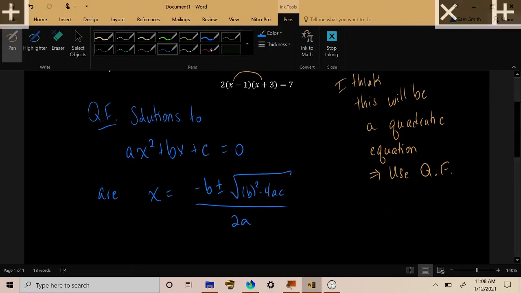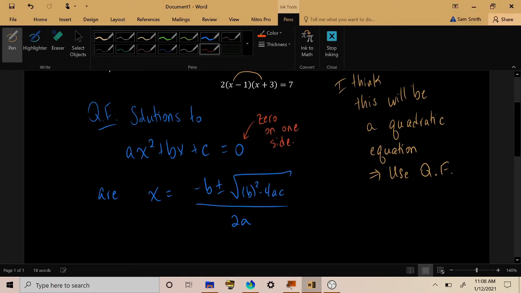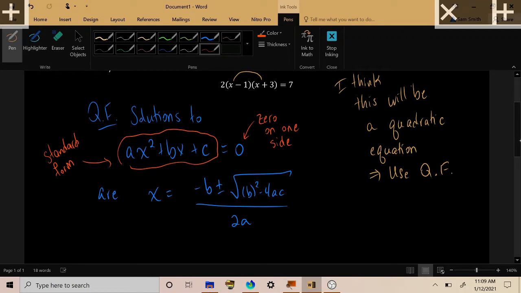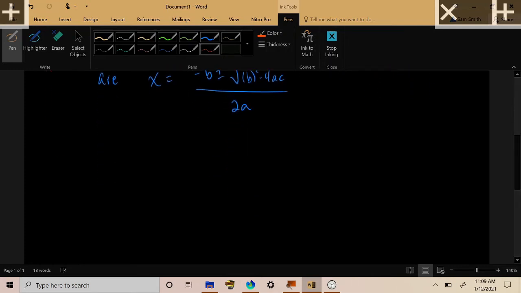We need to make sure that there's 0 on one side, and we have an expression in standard form on the other side. So before we use the quadratic formula, let's rewrite our given equation in the right format. Step 1, prep the equation.